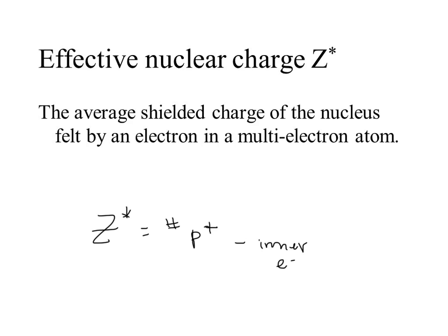So according to this, the effective nuclear charge is 12 minus 10, which equals 2. I'll put a 2 plus there. So basically, the pull these exert is actually a plus 2. Okay. All right.